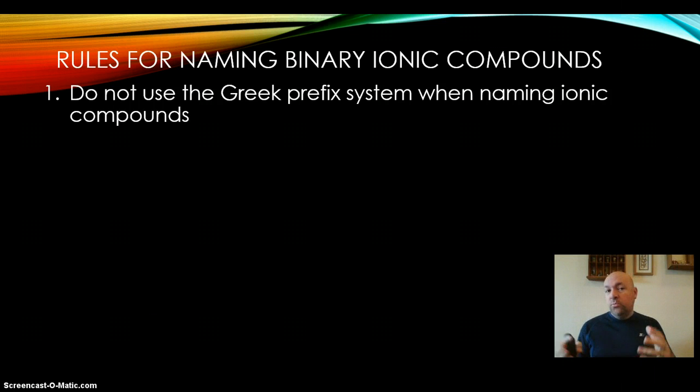That only is used when naming covalent compounds. So with covalent compounds, you have to identify how many there are. If there's 2, it's di, 3 tri, 4 tetra, 10 deca, and so on. But with an ionic bond, you don't do that.